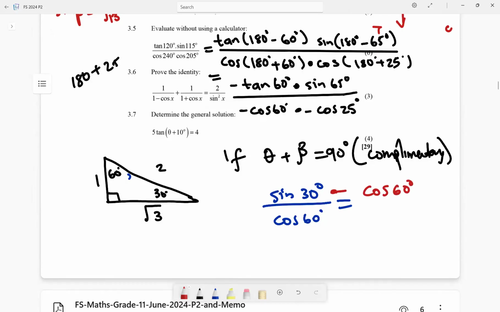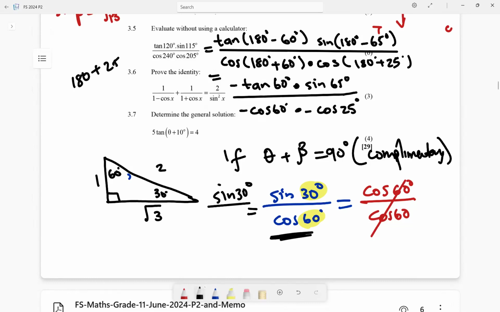Remember, this is equal to that one again. You do not change the denominator. When you change both, you cause yourself confusion. You just change one of these, so it will become cos 60. Then you can cancel them nicely. Or you can leave this as sine 30 divided by cos 60, only if this and this add up to 90 degrees, okay?